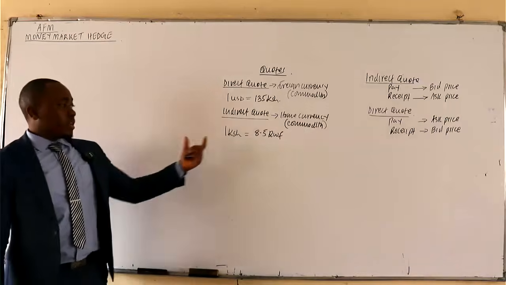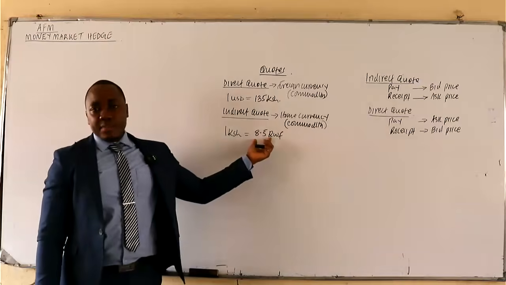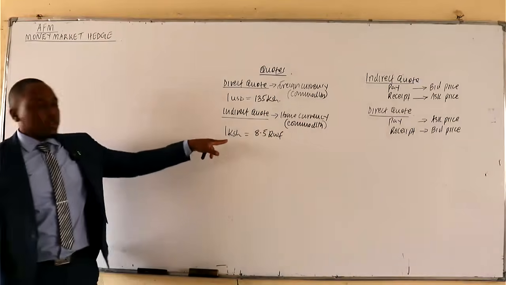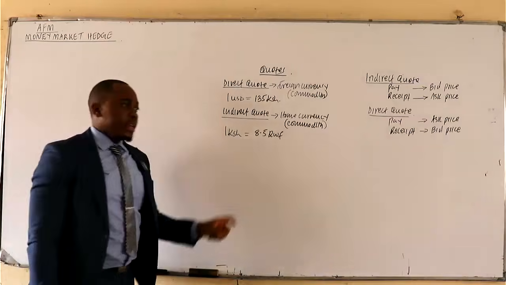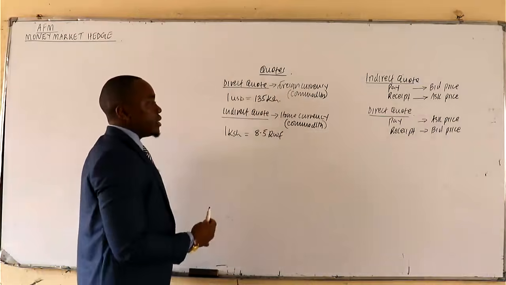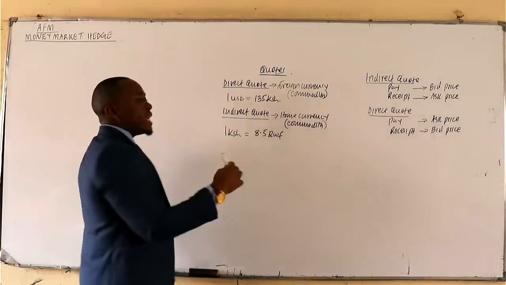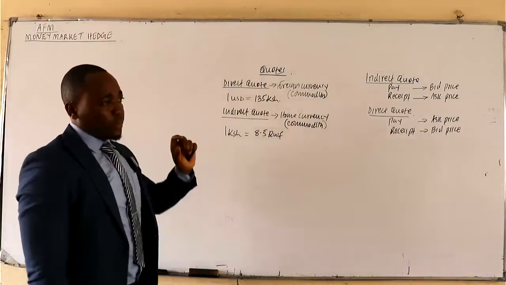In this case, the home currency is the commodity, in that you require 8.5 Rwandese francs to get 1 unit of Kenyan shillings. So that's the difference: for the direct quote, the foreign currency is the commodity, and for the indirect quote, the home currency is the commodity.